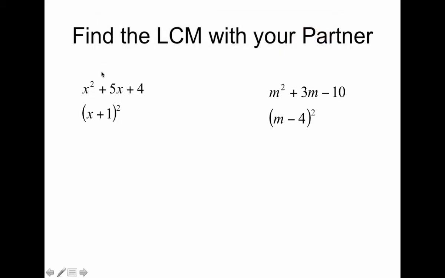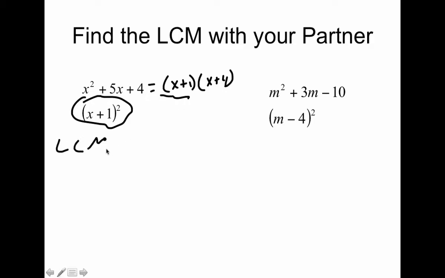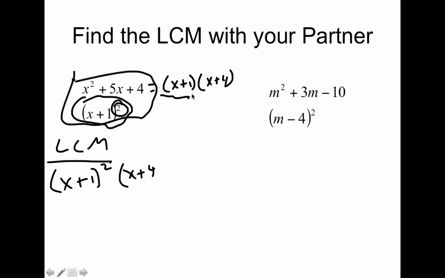Take a look here. The first thing I need to do is factor this guy: x plus 1, x plus 4. Okay, here's my other thing. I need one of everything, which means I need an x plus 1. What's the higher exponent? I need the squared. And I need an x plus 4. There's the least common multiple for these two guys.